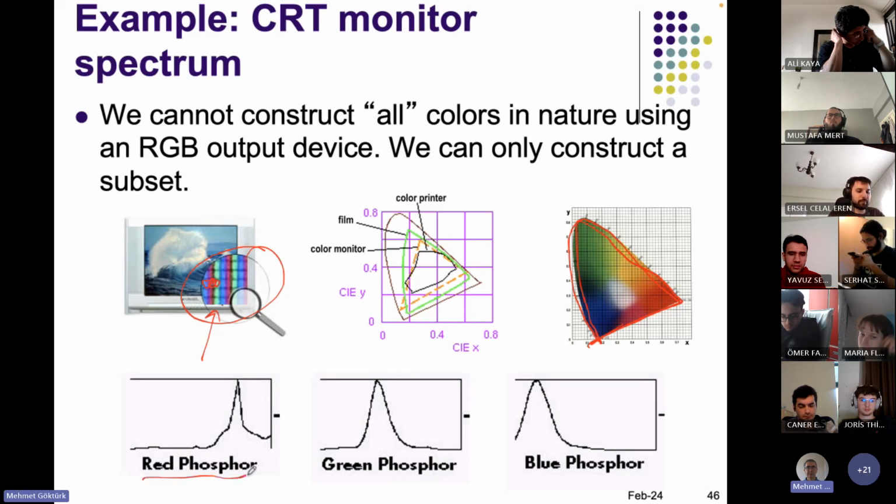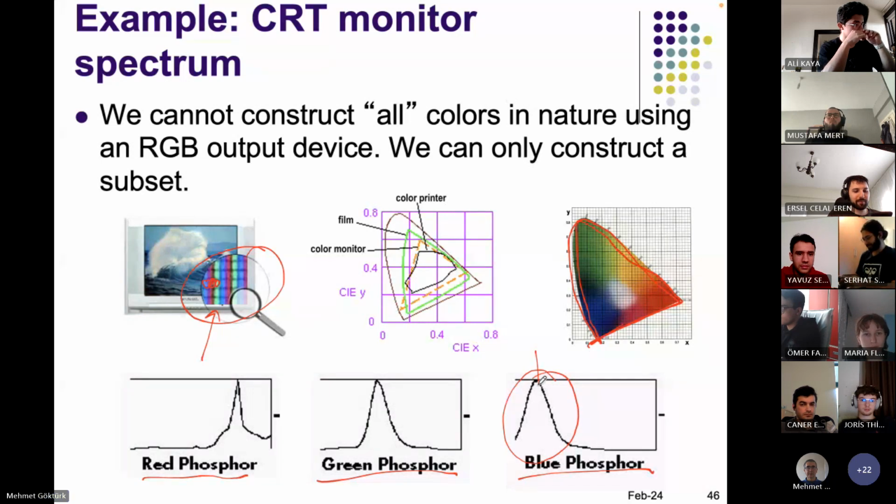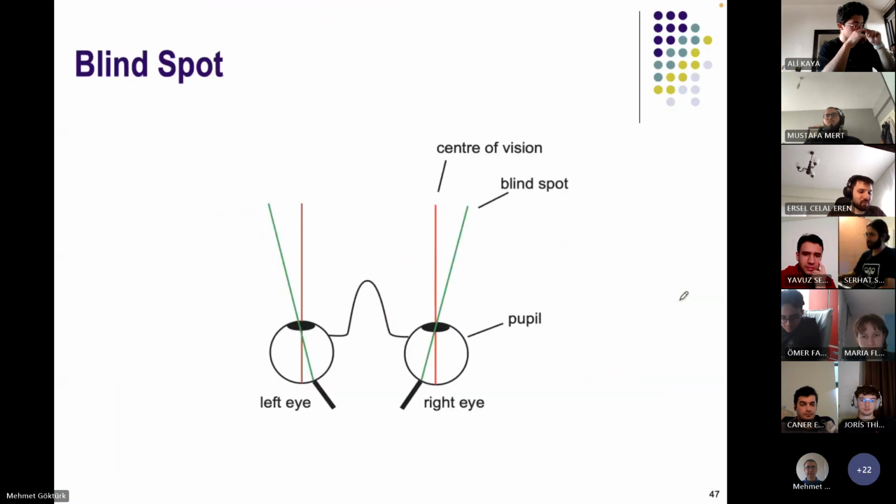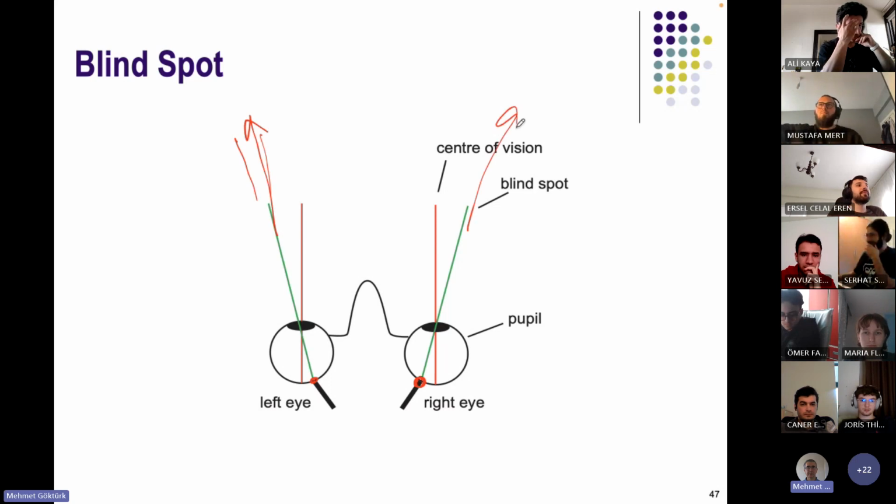Each of them is made up of red phosphorus, green phosphorus, and blue phosphorus, which are not perfect. So this imperfection usually creates different color gamuts, color diagrams for different devices. And the blind spot that we were talking about is here, basically. So somewhere around this direction, we have blind spots.